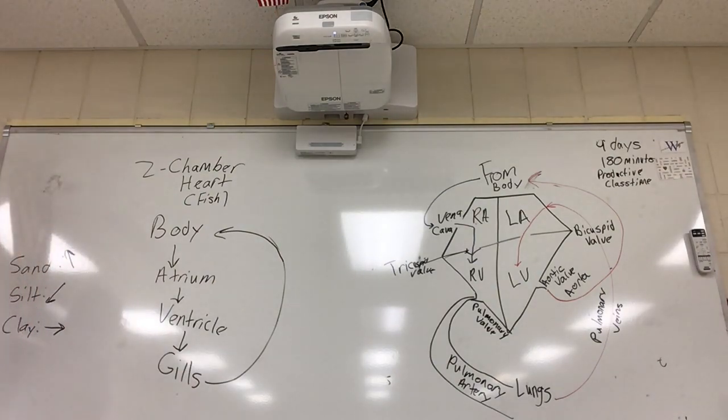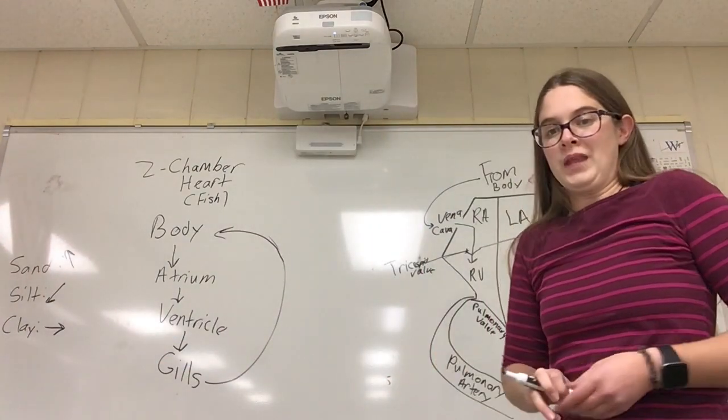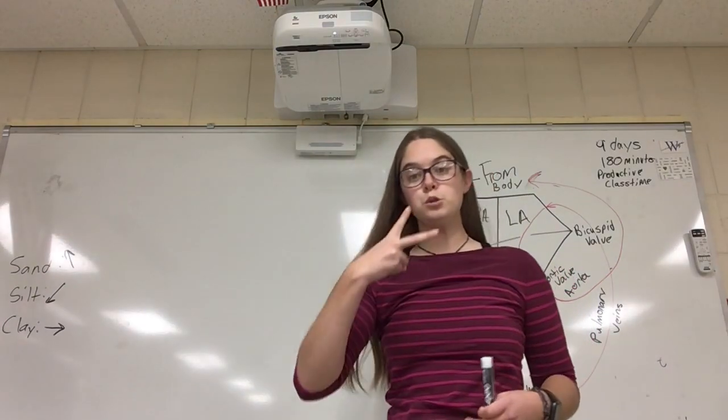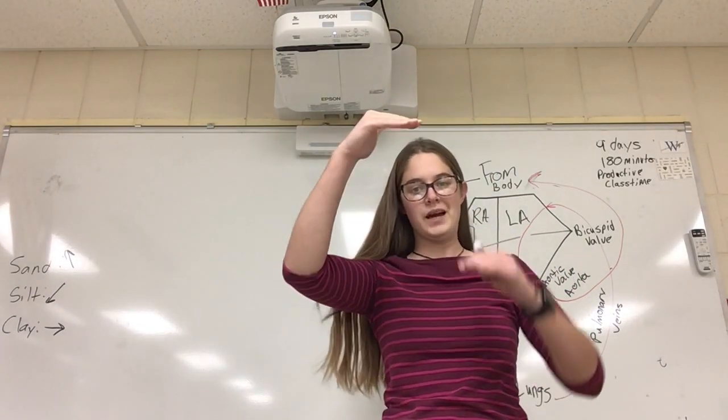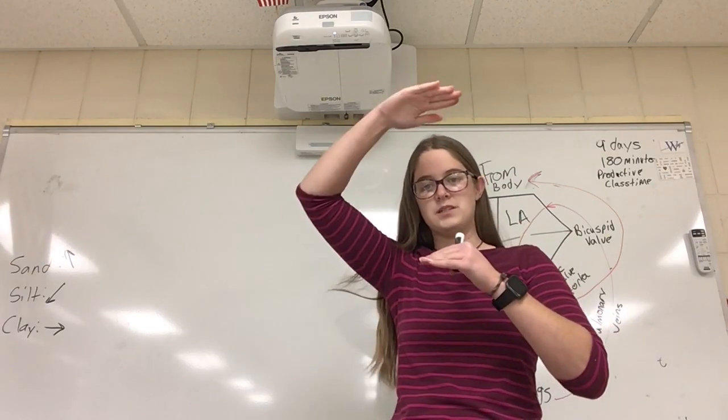And then back to the body. So, body, atrium, ventricle, gills, back to body. That is a two-chamber heart. Again, pause. So, we have two-chambered hearts, where it goes body, atrium, ventricle, gills, back to body.